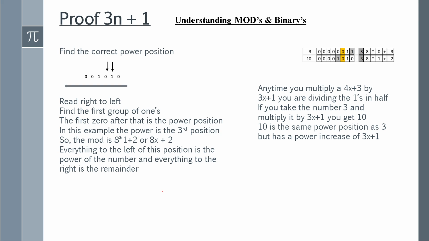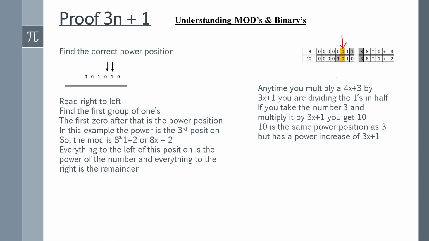So we took the number 3 and we multiplied it by 3x plus 1. Here is our power. We have 2 ones on the right. After we multiply by 3 and add 1, we took one of those ones and moved it to the left side of the power.